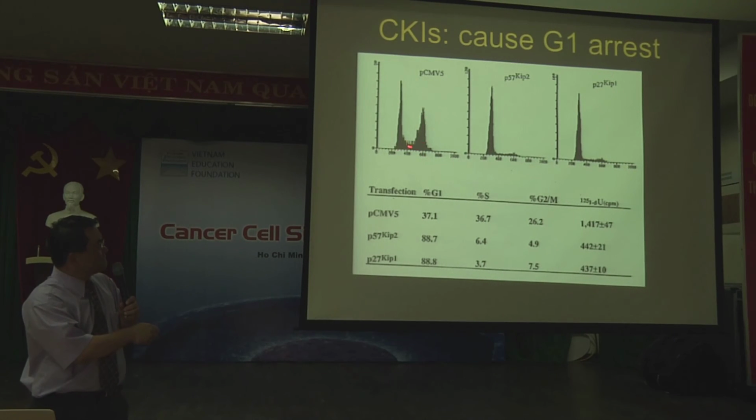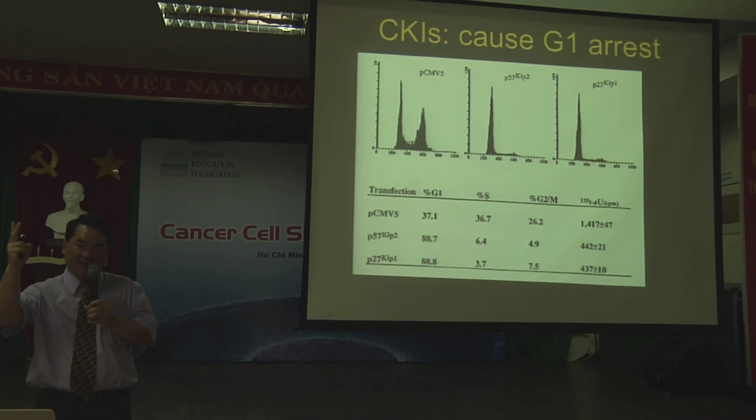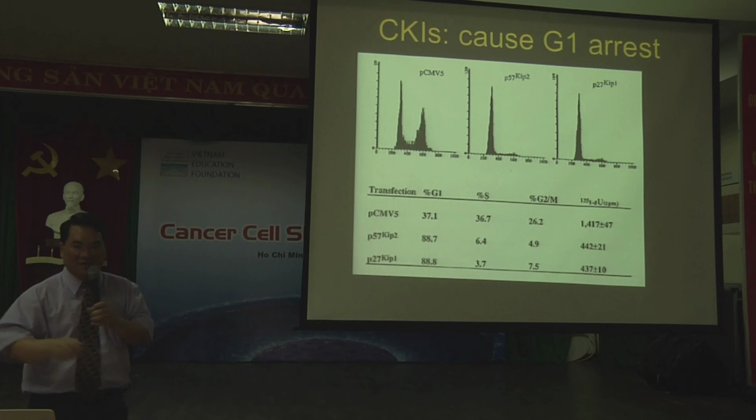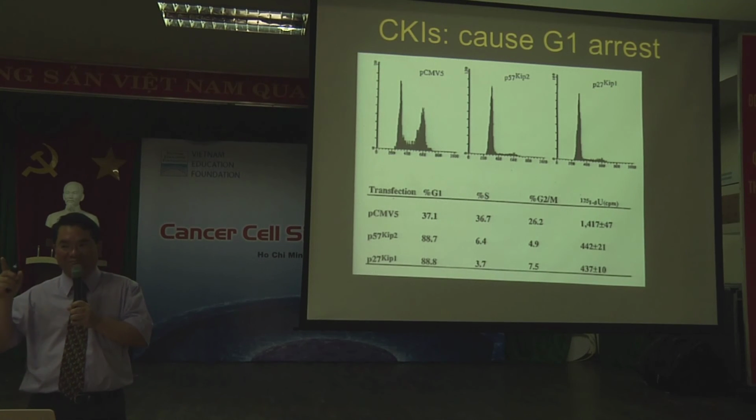So between this peak, we call it S phase. So the first peak is G1 phase, which is 2N DNA content. In between is S phase, because DNA is undergoing DNA synthesis. The second peak is 4N content. We call this peak cells located at M phase or G2M phase.